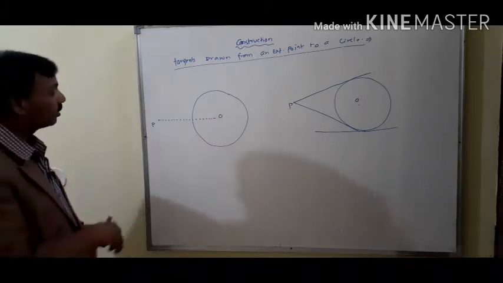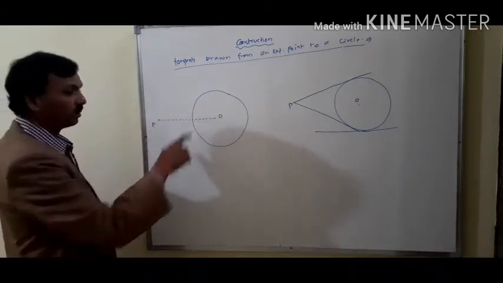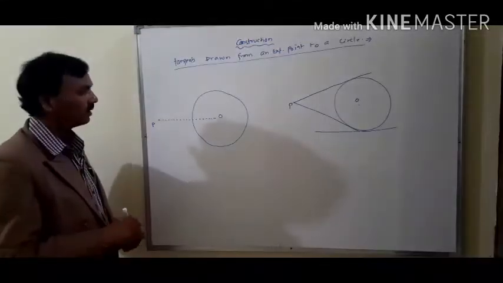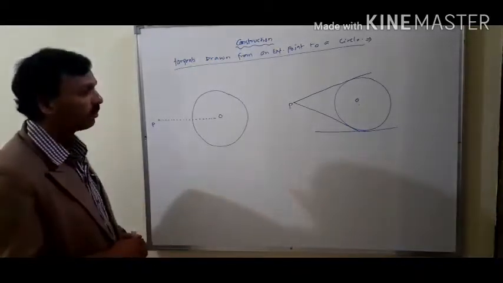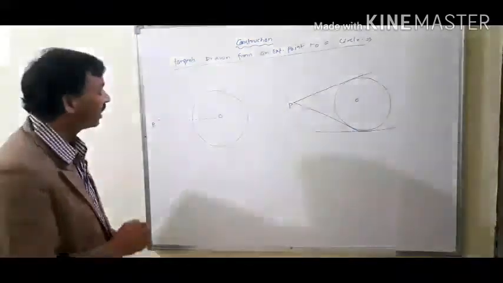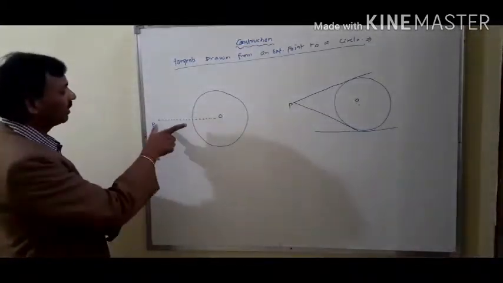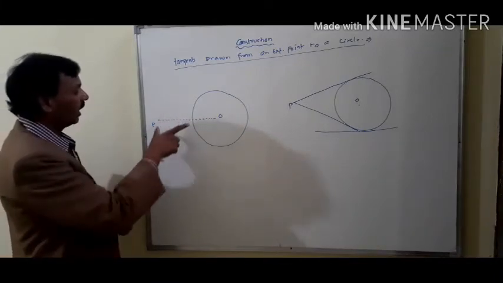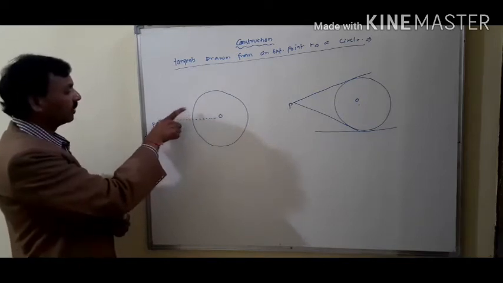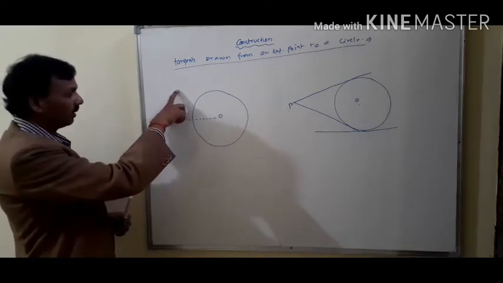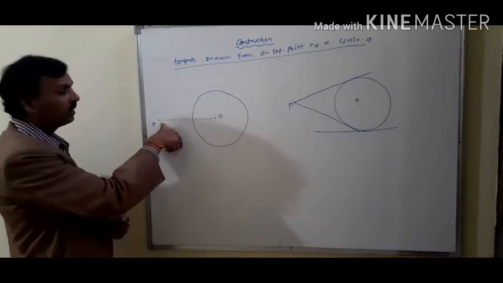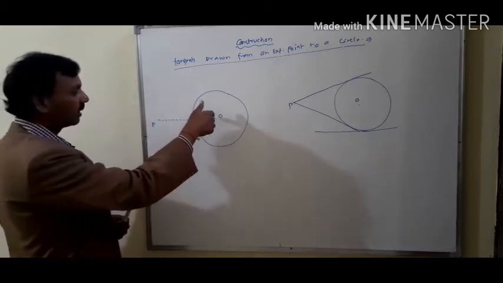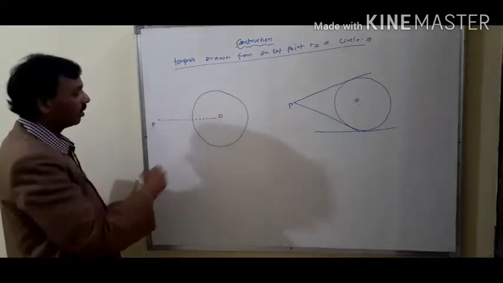Again, we draw the perpendicular bisector of PO. You have already learned in previous classes how to draw the perpendicular bisector of any line. That means in your compass you take a radius more than half of PO and cut two arcs from P in the upper direction and lower direction, and in the same way with the same radius we cut another two arcs from O in the upper direction and lower direction.